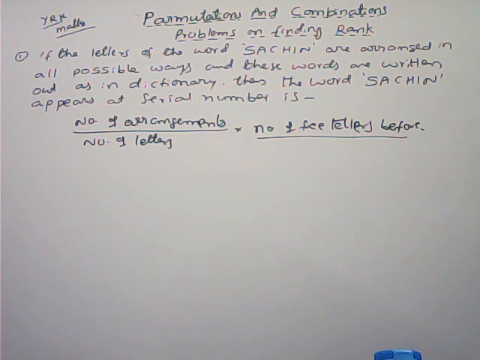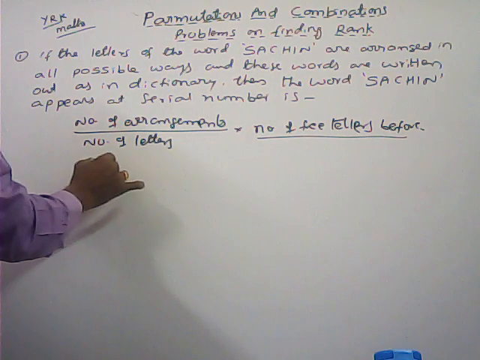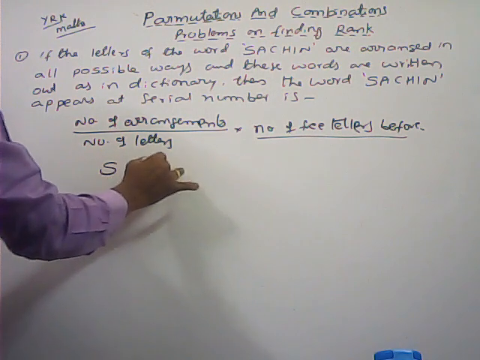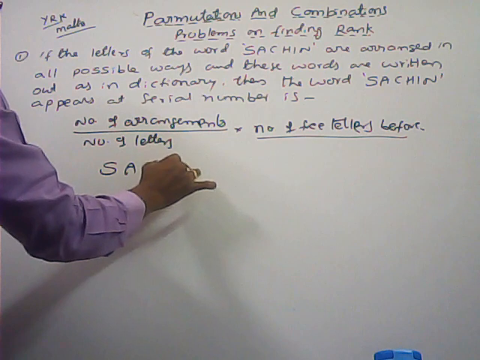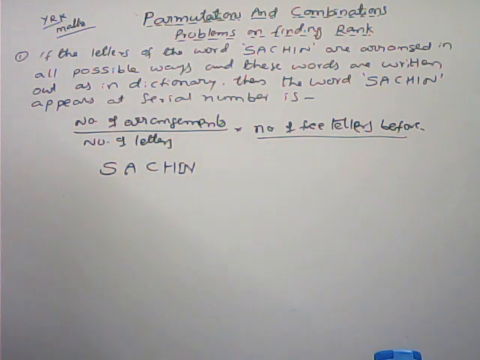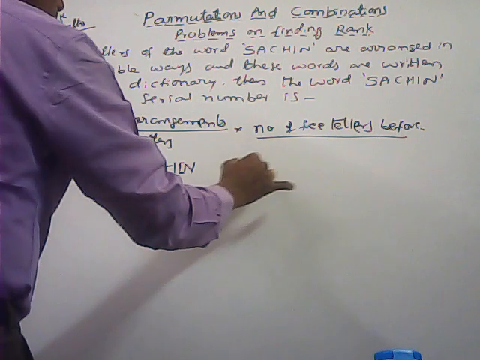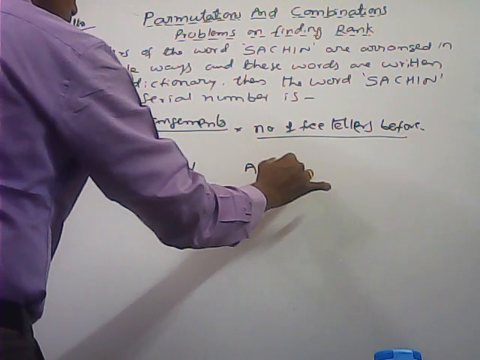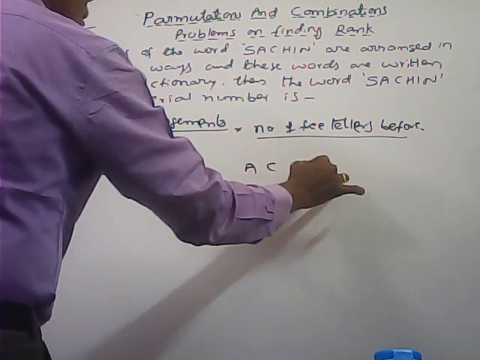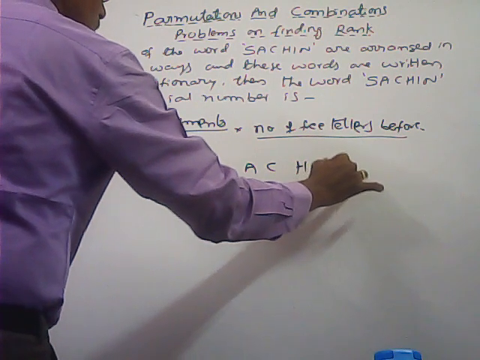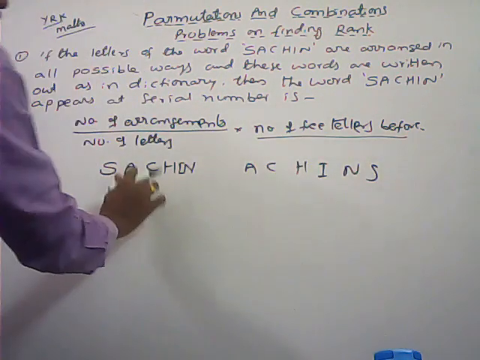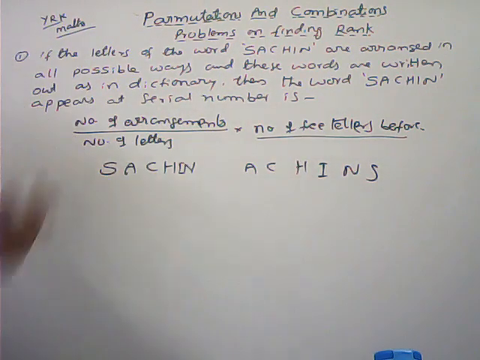For example, here we have to use all the letters of the word Sachin. S-A-C-H-I-N is given. If I write in the alphabetical order A, B, C, D, E, F, G, H, I, J, K, L, M, N, O, P, Q, R, S. Total 6 letters are there.